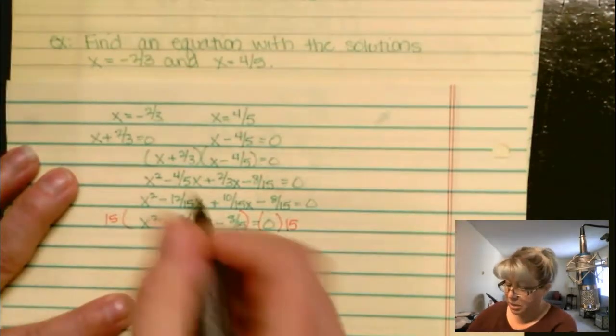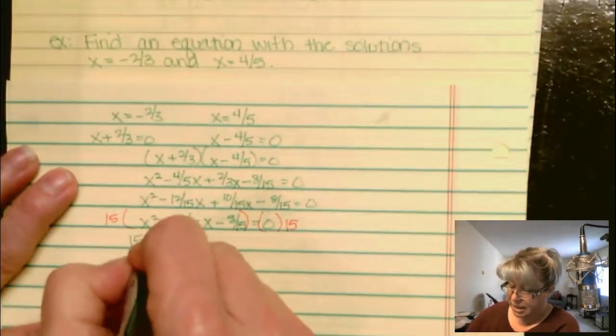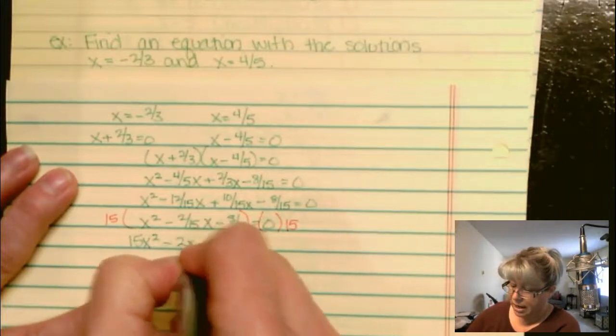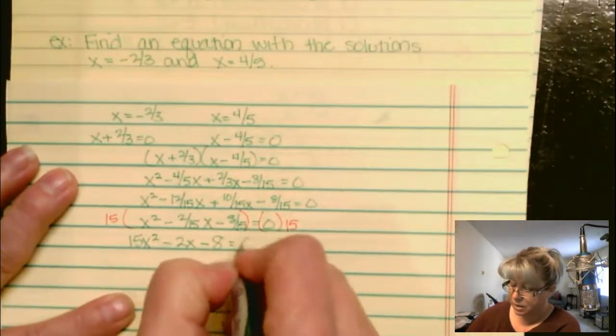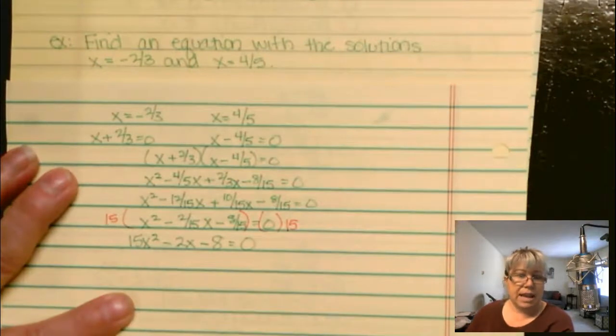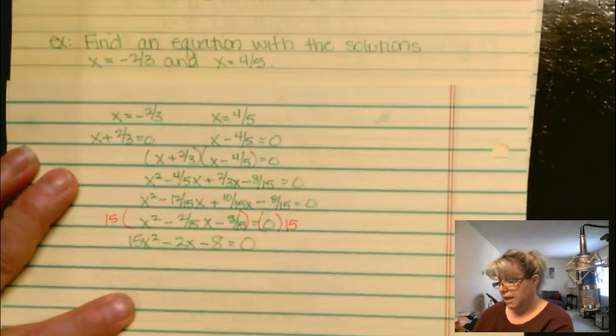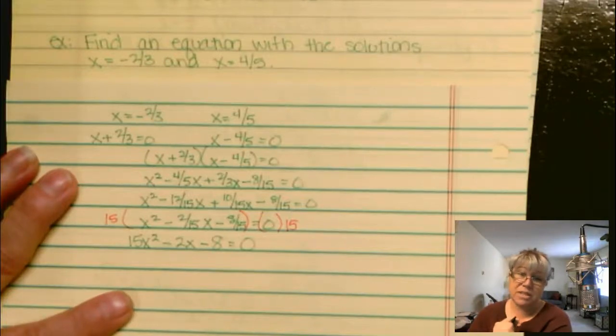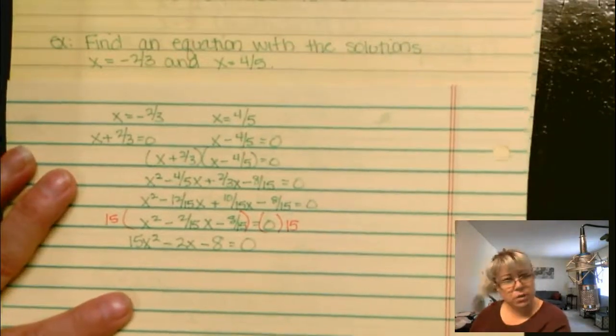And that will give me 15x squared minus 2x minus 8 equals 0. And I'm going to say that is my equation with the solutions of negative 2/3 and positive 4/5. Again, that was one way of solving. I'm going to show you another way of solving it.